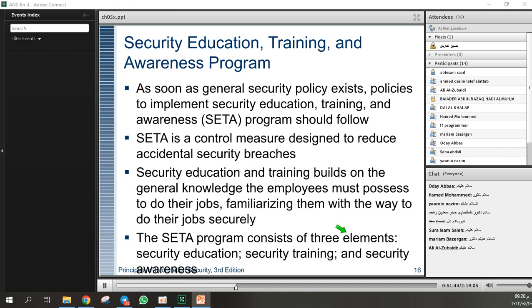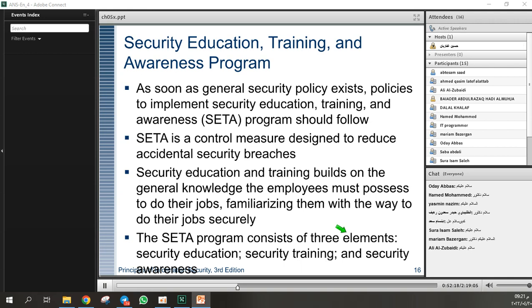How? I need education, I need training. Inside my organization, some security policies exist. We need to use educated people, employees.